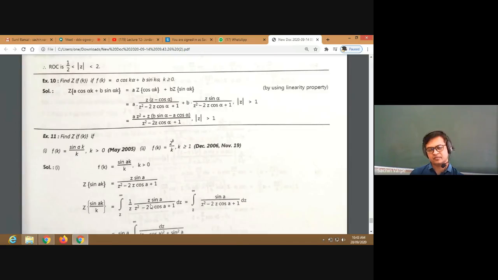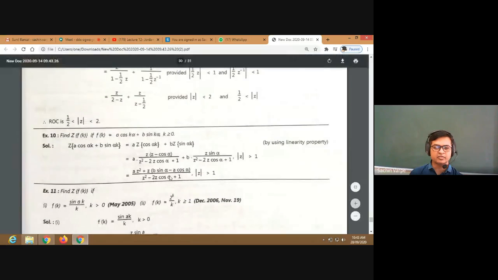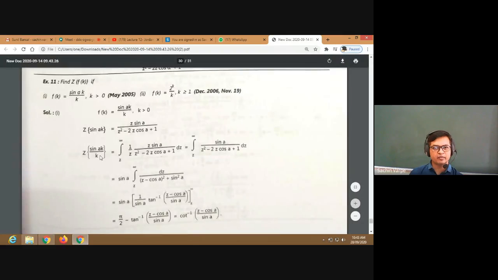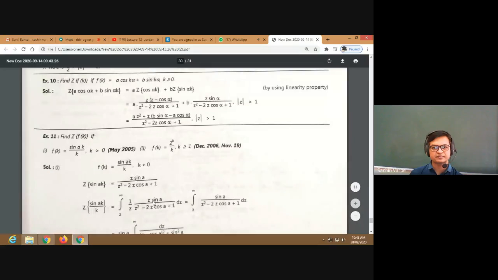You might remember the theorem says if it is f of k by k, then it is integration from z to infinity of z raised to minus 1 f of z dz, where f of z is the Z transform of f of k. So integration from z to infinity, here z will get cancelled, sine a upon this. Now sine a is a constant, I can write it outside the integration.